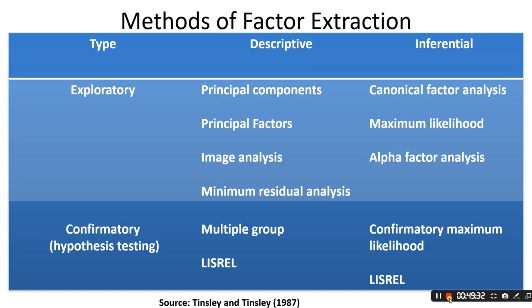The correlations should not be all near zero, and the correlations should also not be near one. So if the correlations are almost perfect or very highly correlated, that will pose the problem of multicollinearity. So we test the correlation matrix. If multicollinearity is present, then the value of the determinant will not be higher than 0.00001.